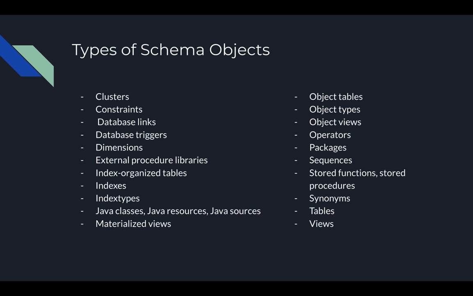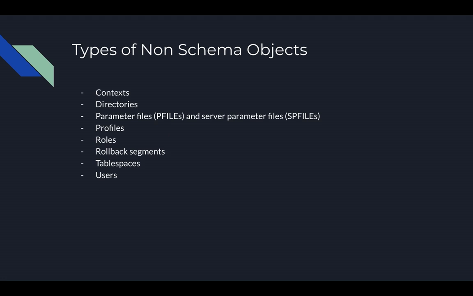Also, materialized views, object tables, object types, object views, operators, packages, sequences, stored functions and stored procedures, synonyms, tables, and views. Those are all schema objects in Oracle SQL.